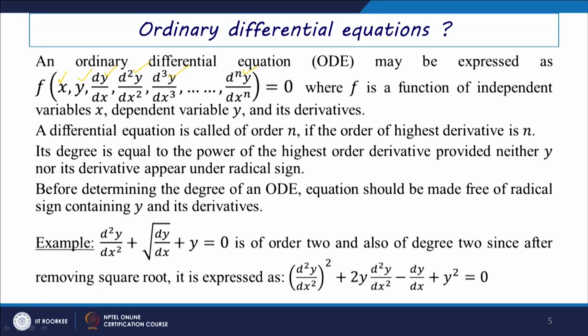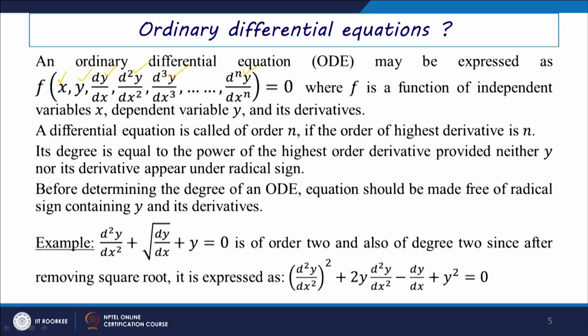Sometimes these differential equations are written with square powers, 1 by 3 power, 1 by 2 power, or other fractional powers or algebraic operations involved in the ordinary differential equation. So, to determine the degree of any ordinary differential equation, we first have to express it in a radical-free form, that is, the equation should be free of radical signs containing y and its derivatives.